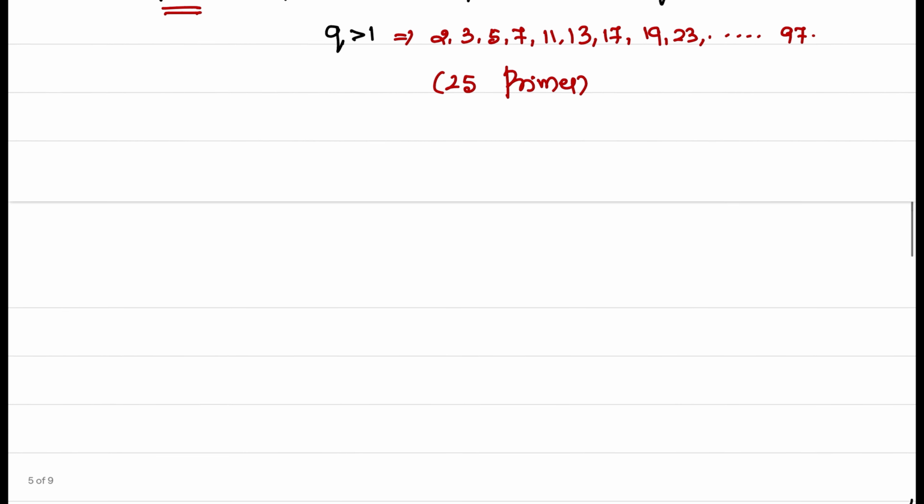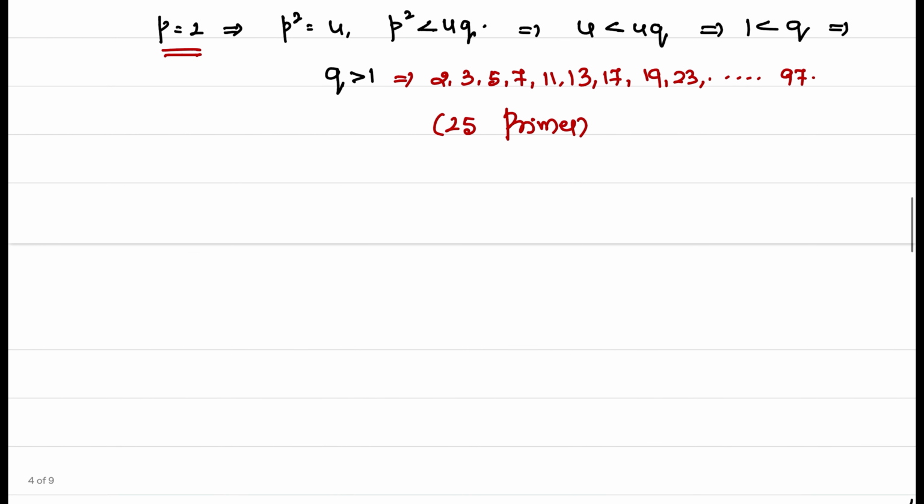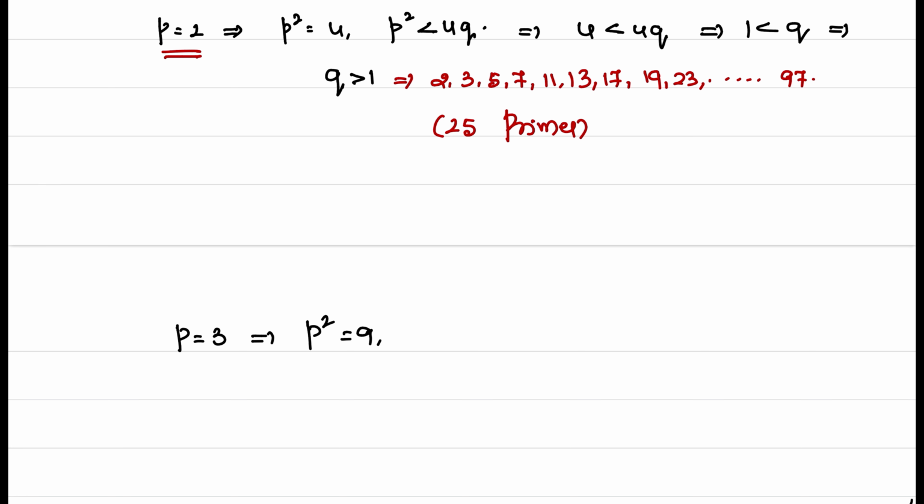Next, P value can be P is equal to 3. P square is equal to 9. That implies 9 should be less than 4q. That implies q is greater than 9 by 4.